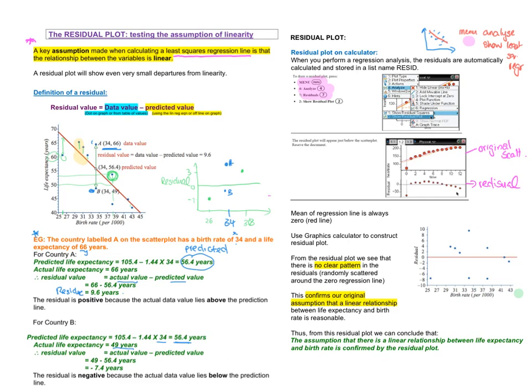Here's another example, the residual plot for our life expectancy and birth rate. If you look here, the pattern of these dots is all just random. We can't see any pattern in there. So if there is no clear pattern, this confirms our original assumption that it's linear. If there's no pattern in the residual plot, it confirms it is linear.